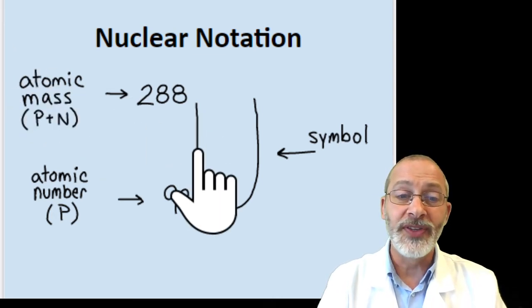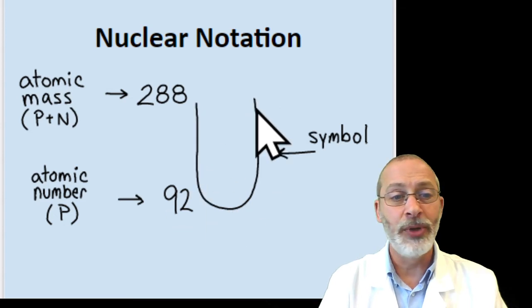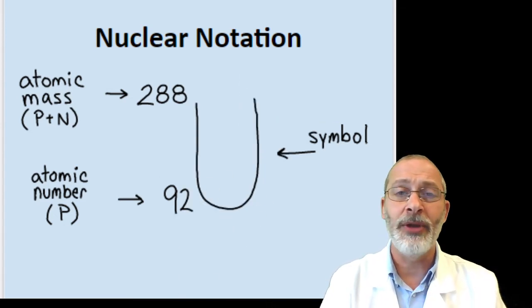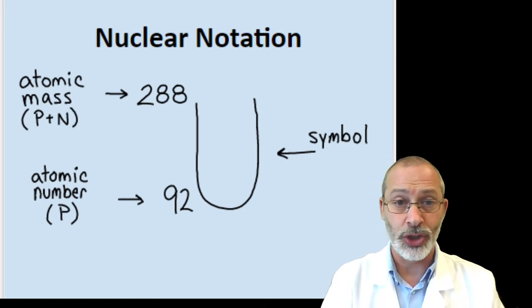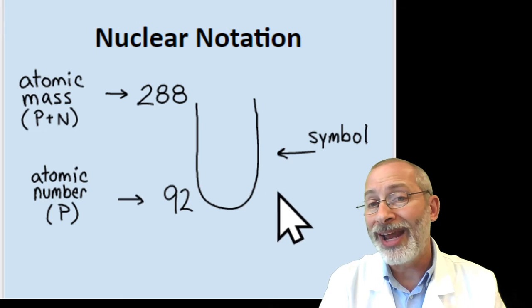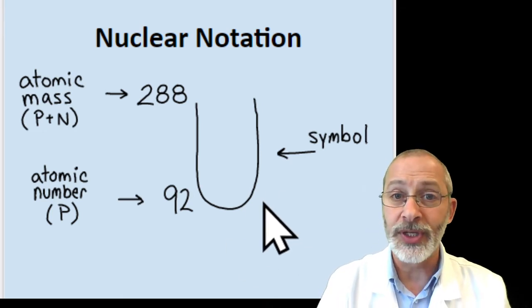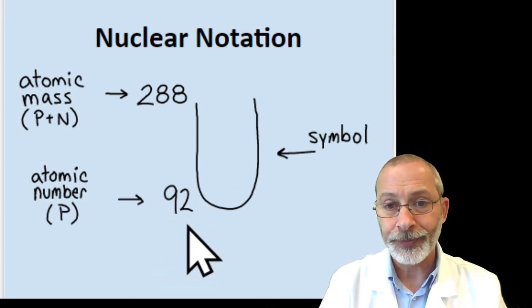We start with the symbol of an element, which remains the same. The symbols of all of the elements are the same, whether we're talking about just chemical notation or nuclear notation. But instead of subscripts to the lower right-hand corner of a symbol, we have two other numbers in nuclear notation.